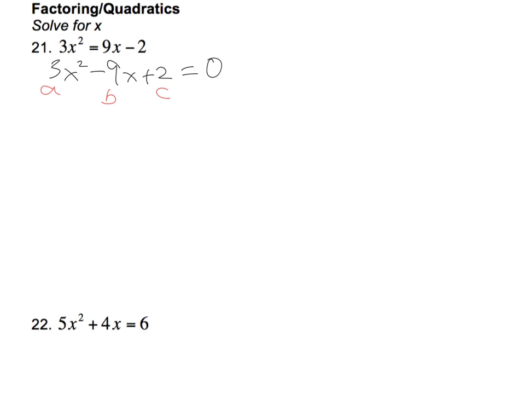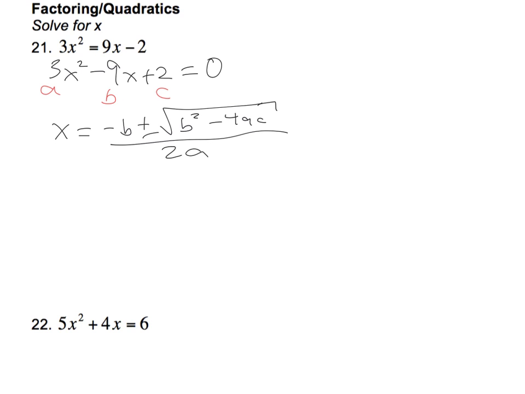Now, I could go ahead and try and factor this, but I already know that this one is not factorable. So what you can always use, even if it is factorable, is the quadratic formula. X equals negative b plus or minus the square root of b squared minus 4ac all over 2a.